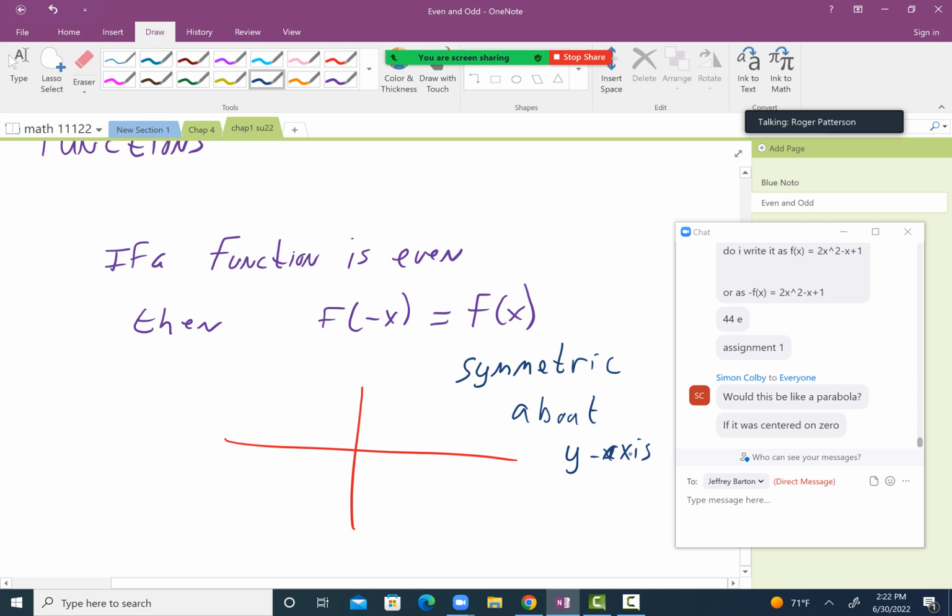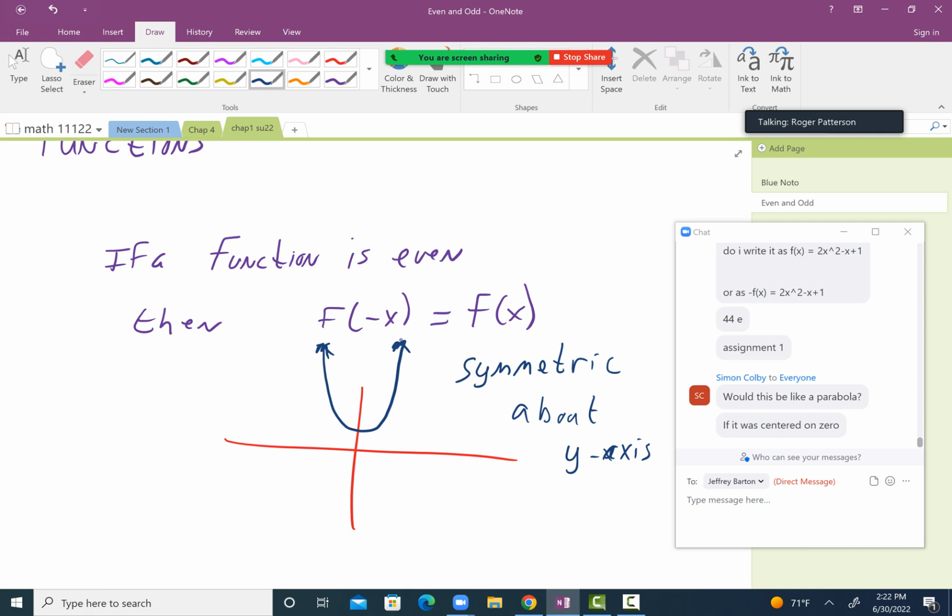It doesn't have to necessarily be centered on the 0, because you could have this and it would still work. They give an example of that, and we can give you an example too. Anytime you can take this graph and flip it or fold it over that y-axis and it meets up on top of each other, it's an even function.